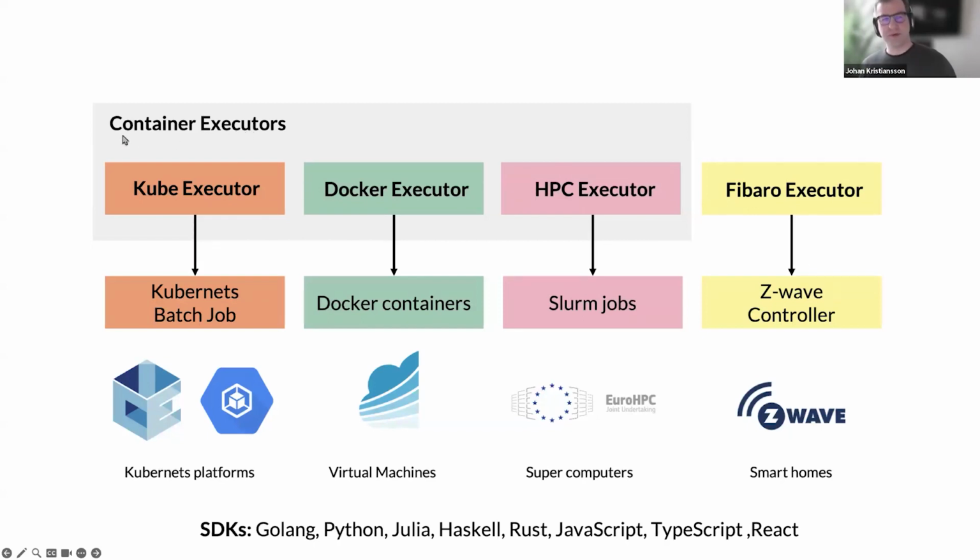The interesting part with these container executors is that they are compatible. So you can take one workload and run it on Kubernetes, and then take the identical workload and run it on an HPC system. There are also SDKs in different languages, so you can easily implement your own executors.